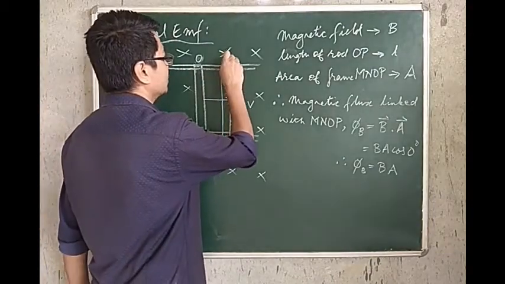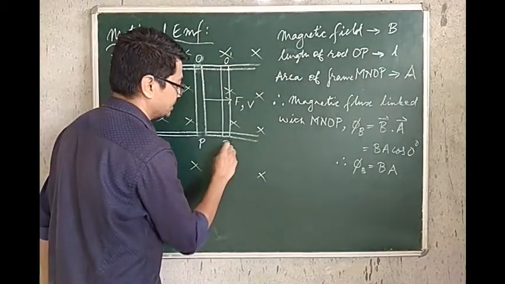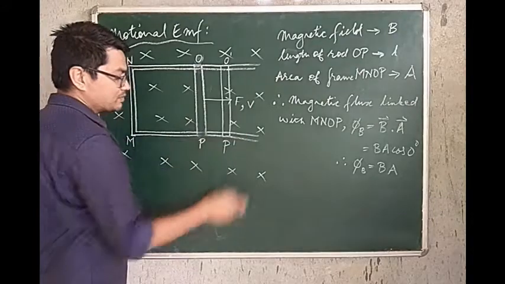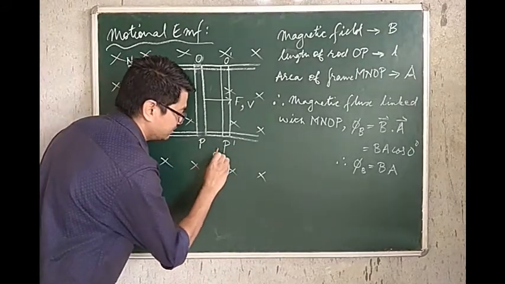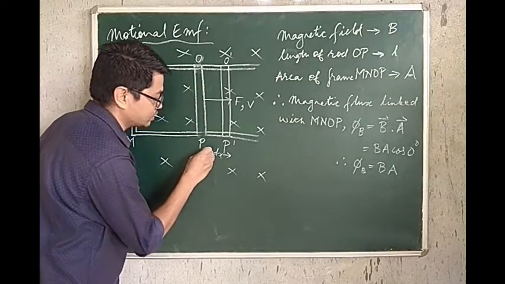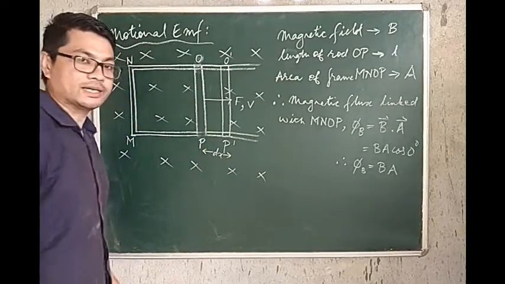Let us call this O dash P dash, and it moves by a distance, say for example dx. Dx is the distance by which it moves towards the right hand side.